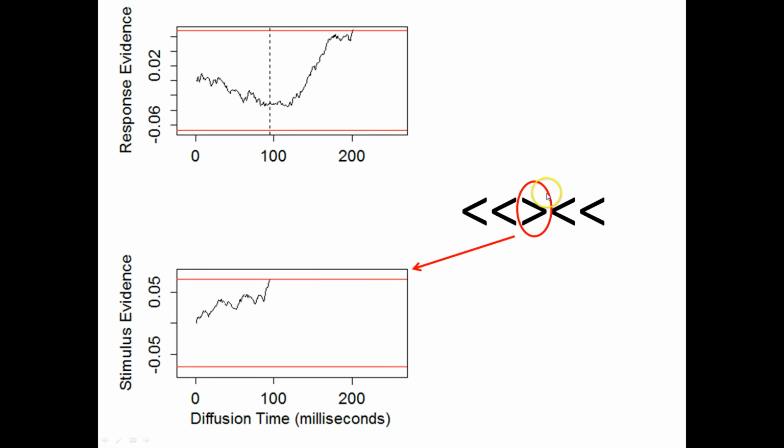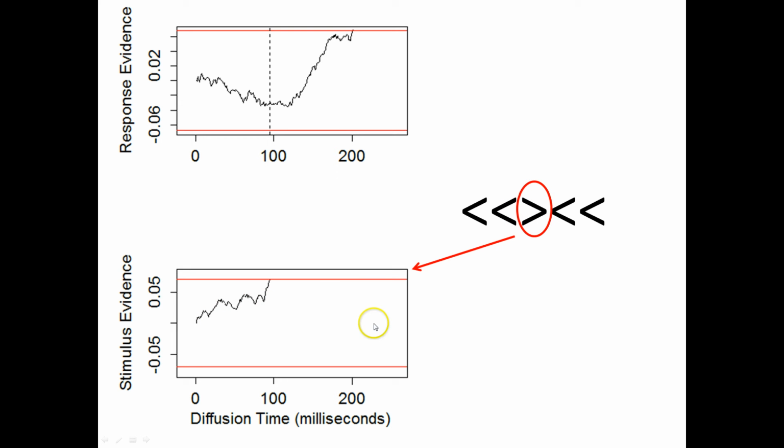How long it takes the model to select a single element from this display for further, more detailed processing is governed by a separate diffusion process that runs in parallel to the response selection process. So in this diffusion process, there are also two boundaries. If the diffusion process hits this upper boundary, it's assumed that the model has selected the central target for further processing.